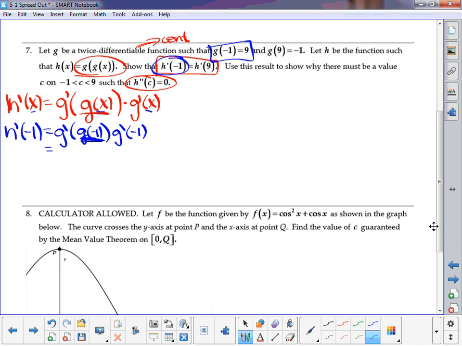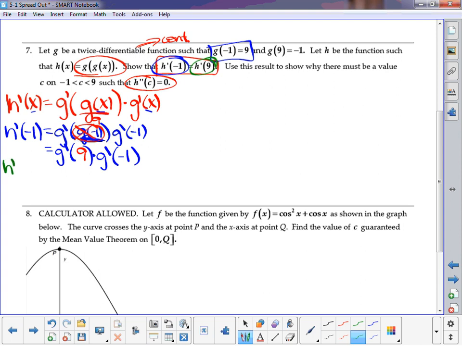Now sometimes they do give you information you don't need on problems, but this type of information you're probably going to be using in some way, shape, or form. So we have g prime of 9 times g prime of -1. We don't know that information, we don't have a function, so we're just going to pause it. And let's go ahead and find h prime of 9.